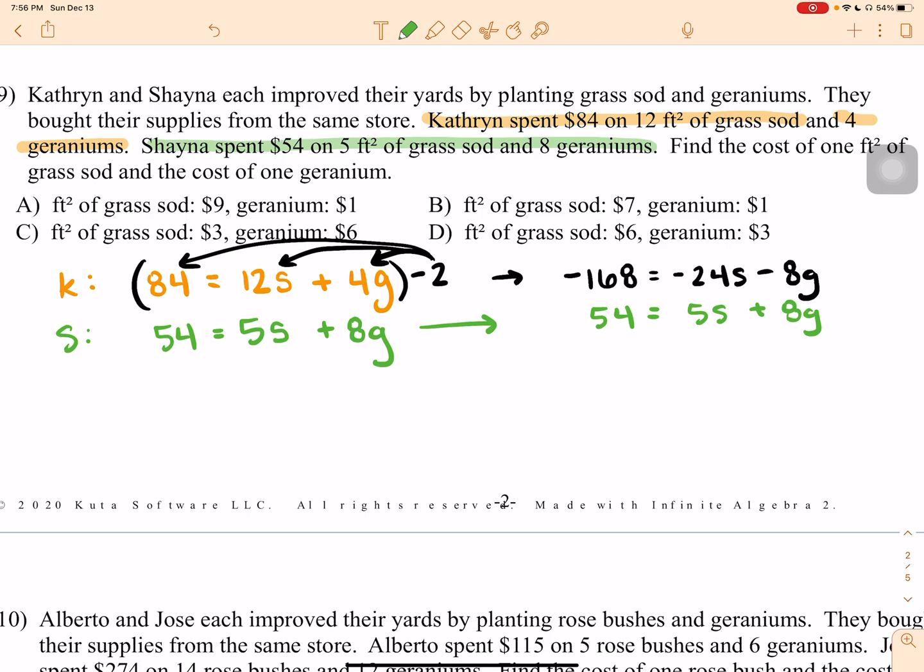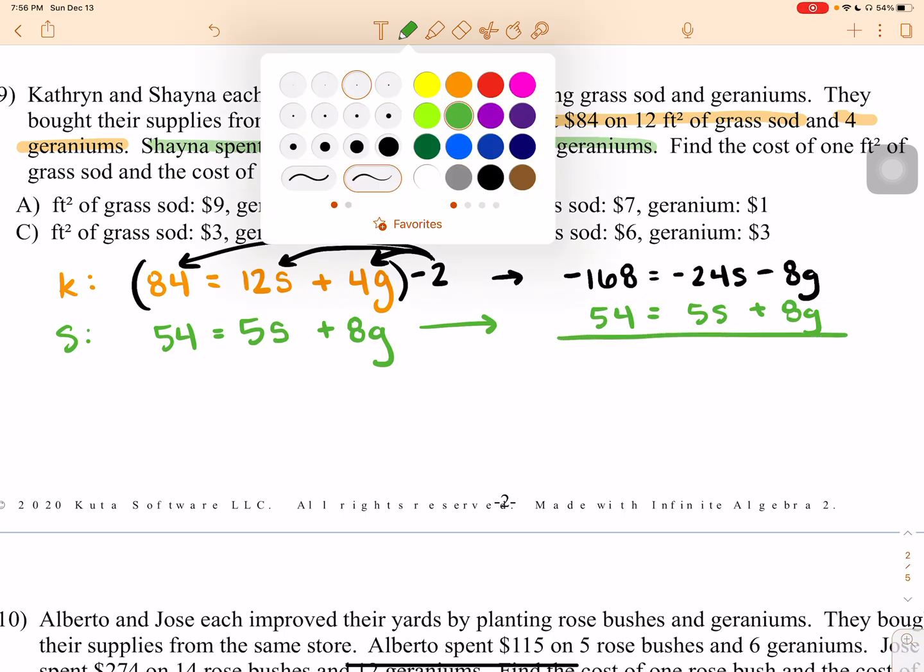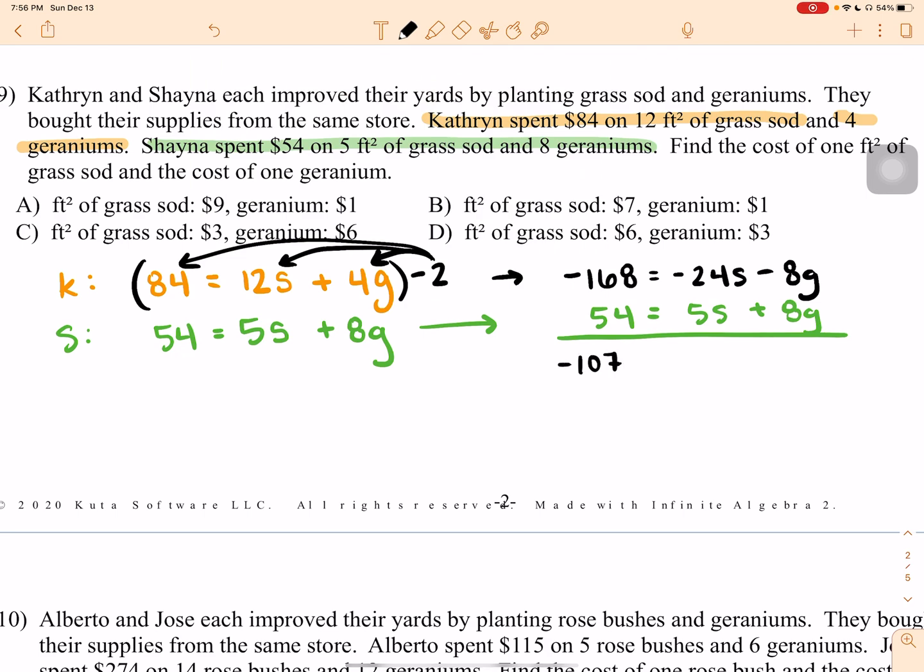Okay, so I'm using the process of elimination. All right, so now if I do -168 plus 54, I'm going to get -107. -24s plus 5 is -19s, and then these two cancel out. So now if I do -107 divided by -19, I'm going to get, oops, that's not what I wanted. 107 divided by 19.